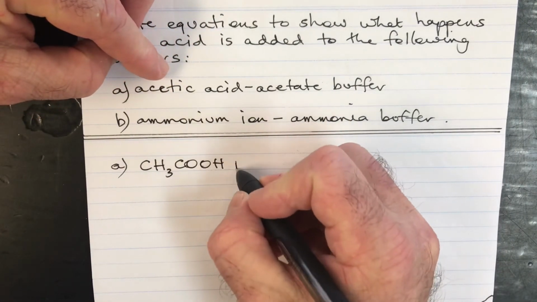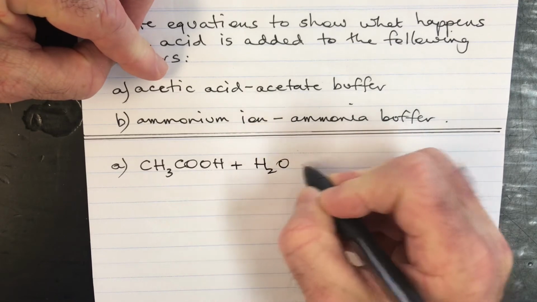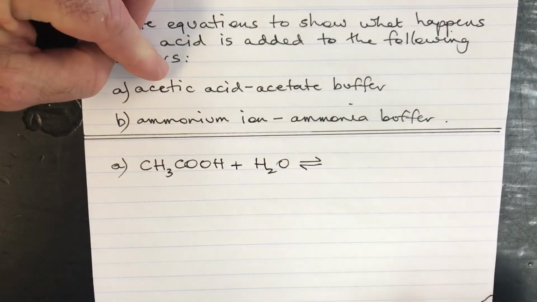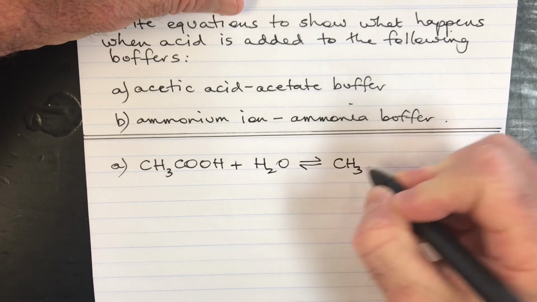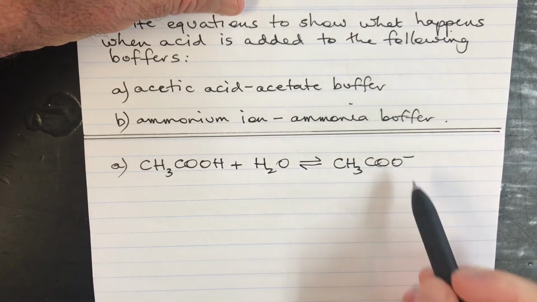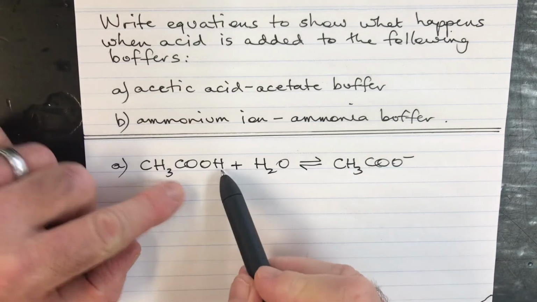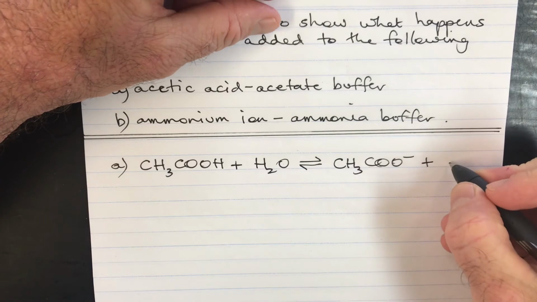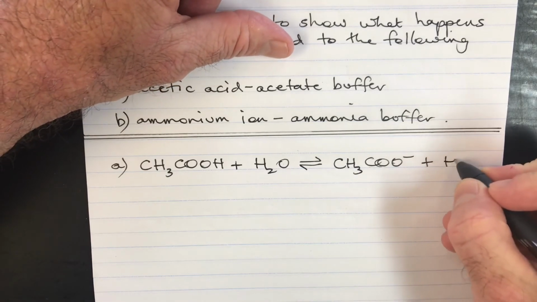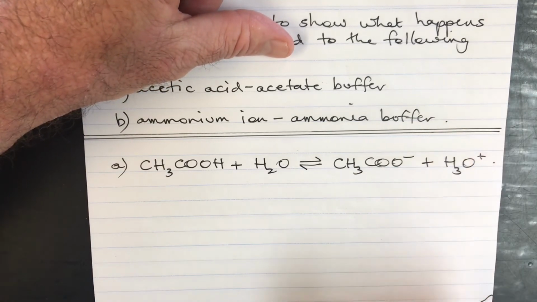Acetic acid, when you add it to water, will make an equilibrium with the acetate ion. That's just the same molecule but without the hydrogen, the acetate ion, and H3O+.